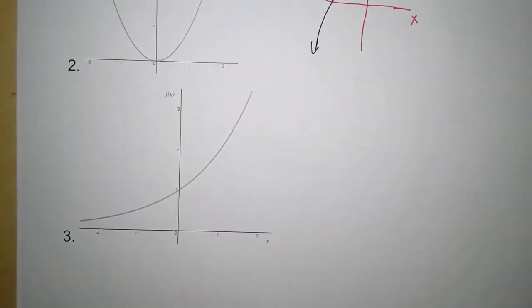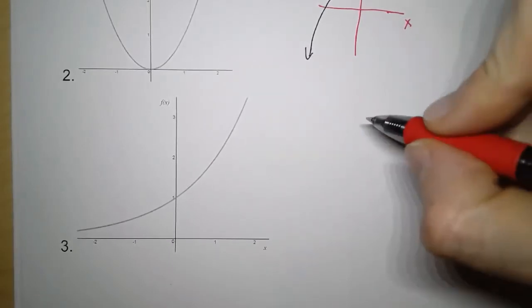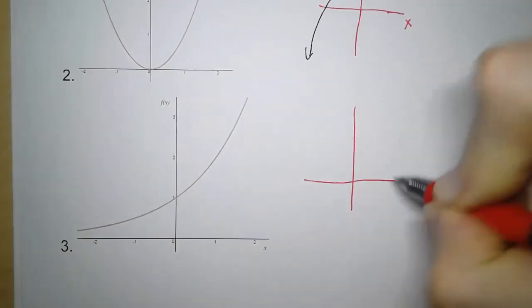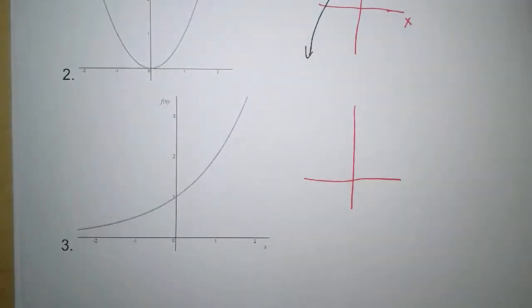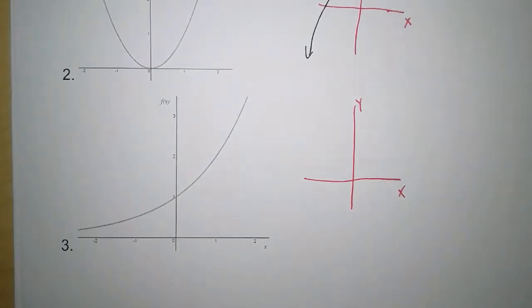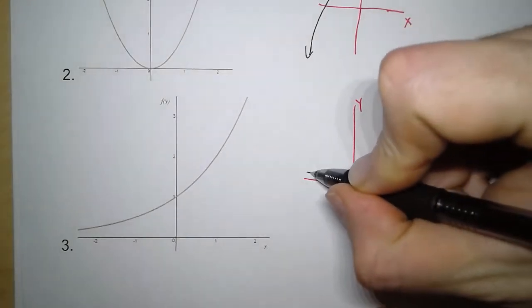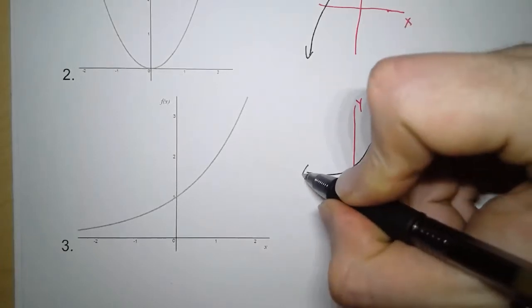Now looking at number 3, here we have a graph where it doesn't touch the x-axis, so there is no spot where the slope is 0. But we do have slopes that are always positive, and they're always growing. So because they're always growing, that means this is an exponential graph. And like exponential graphs, what they do is they will start horizontal on one side and then grow on the other side.